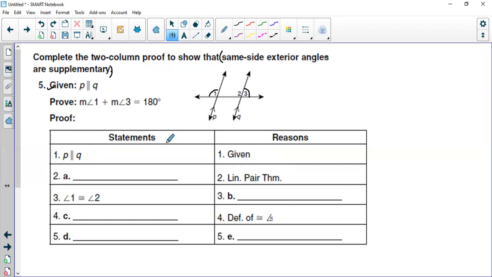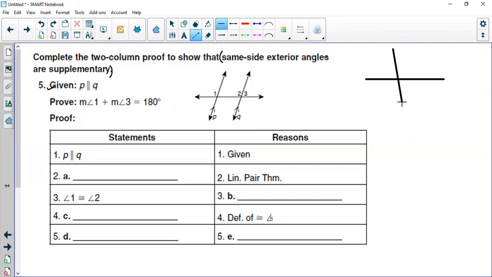Now, what is the result of P being parallel to Q? See this reason, they gave us the linear pair theorem. From the figure, try to find out which is a pair of the linear pair theorem, which two angles make up the linear pair. Linear pair theorem means two angles on a straight line must add up to 180 degrees. So let me draw it here and show you how linear pair angles look.